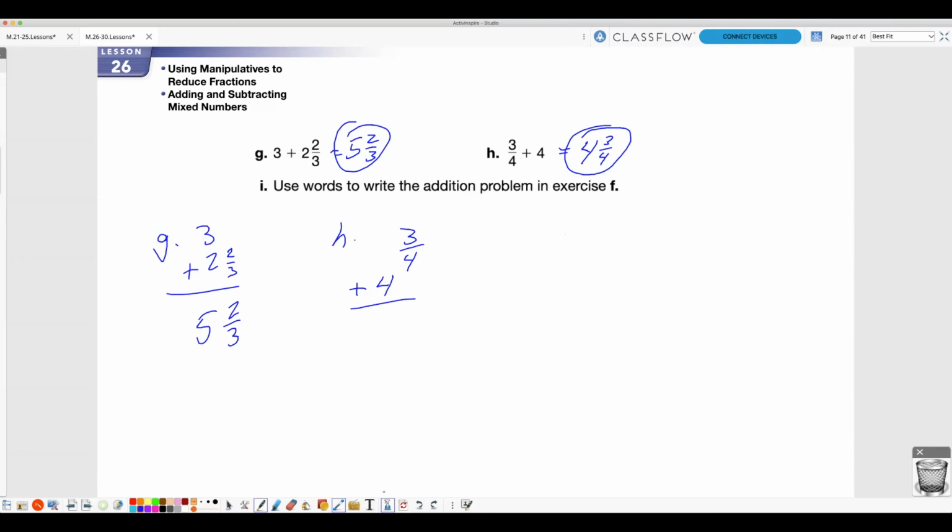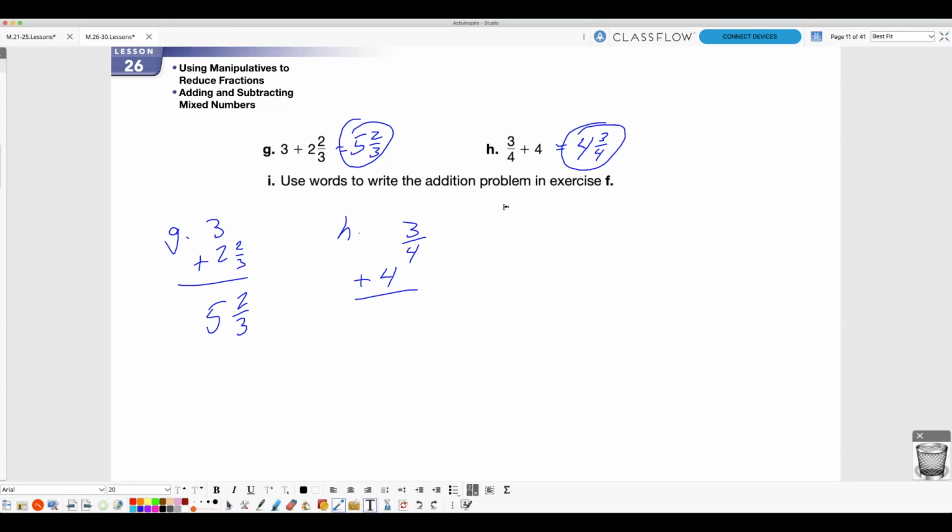So just for this one, I'll just type it out for you guys. That is 1 1/8 plus 2 7/8 equals 4.